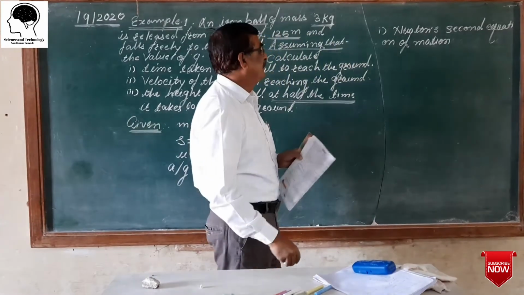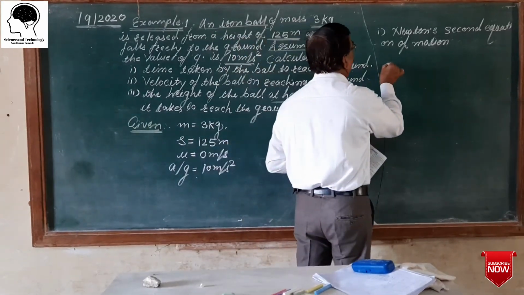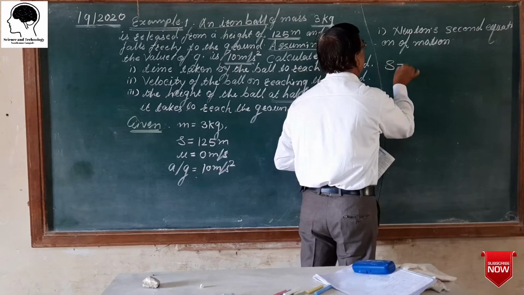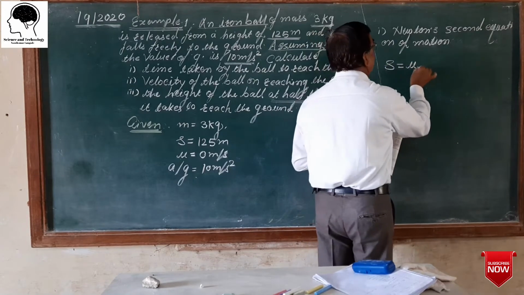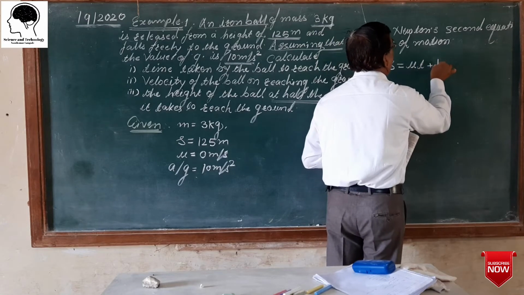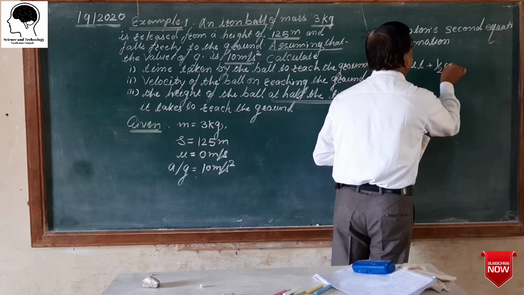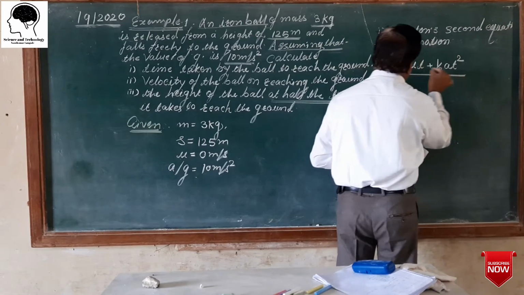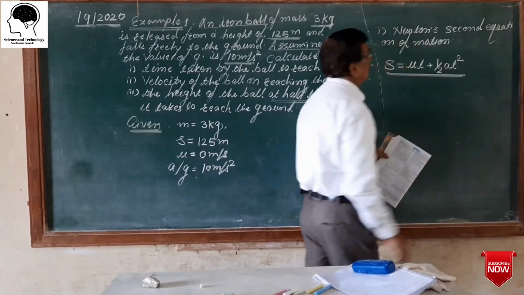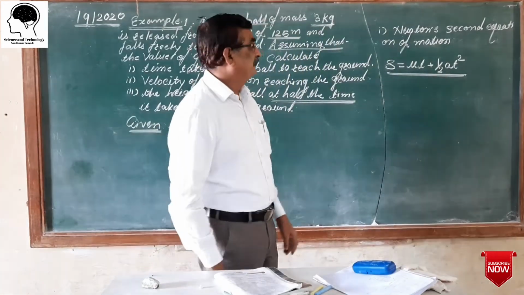Which is it? It is S is equal to ut plus 1/2 at square. It is the second equation of Newton about the motion.